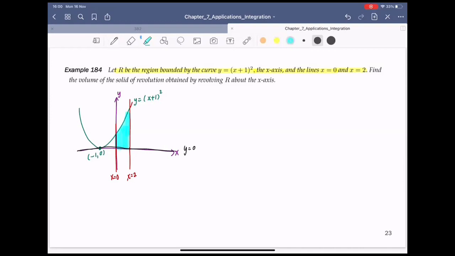Awesome, right? So now you rotate this about the x-axis, which means this is your axis of revolution. If you want to draw a picture, you don't have to, but this is going to be the picture of the solid.